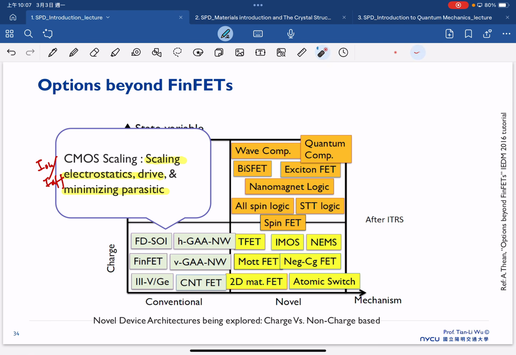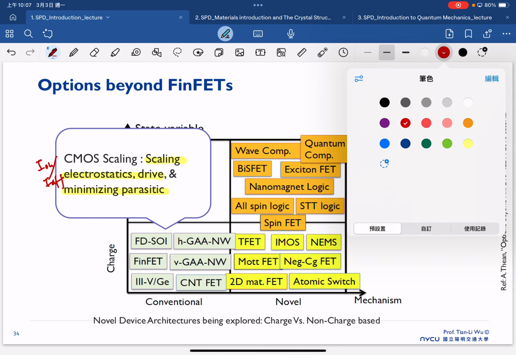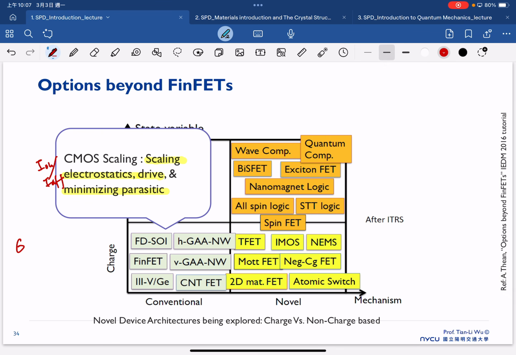There are several possibilities. The first one is SOI, which you already know. And we have the horizontal gate-all-around nanowire. GAA is gate-all-around.